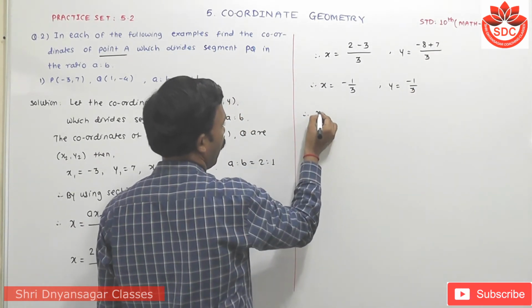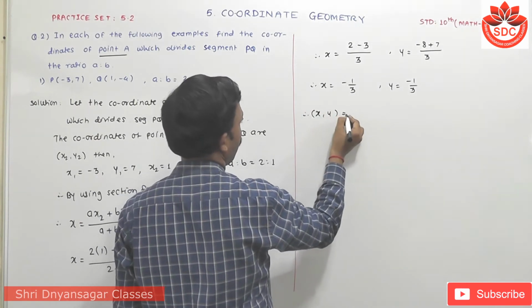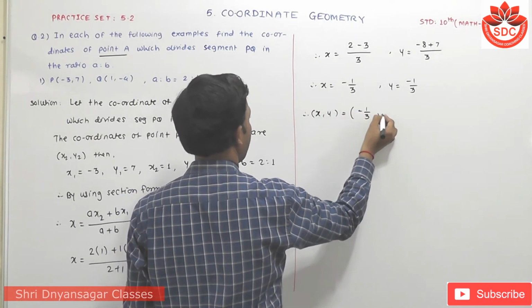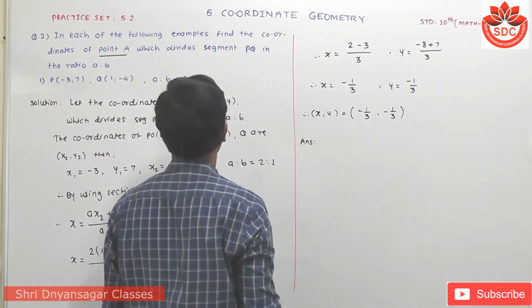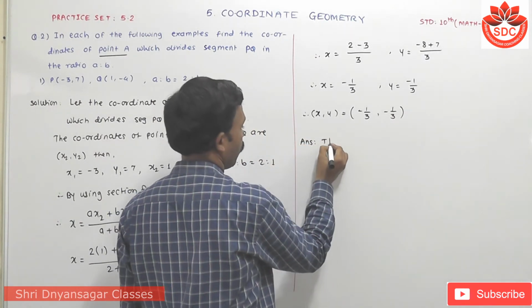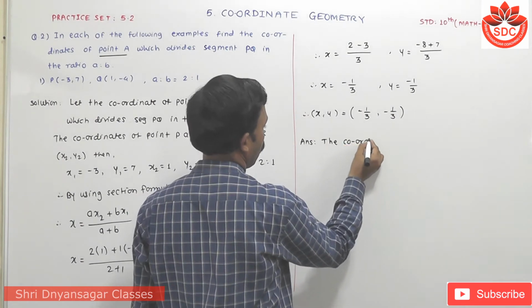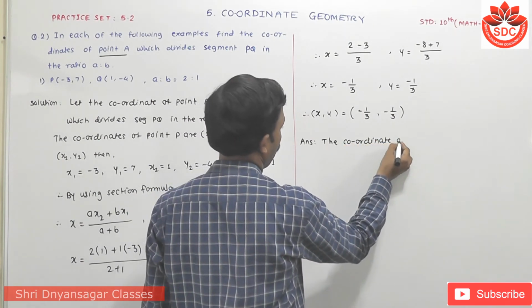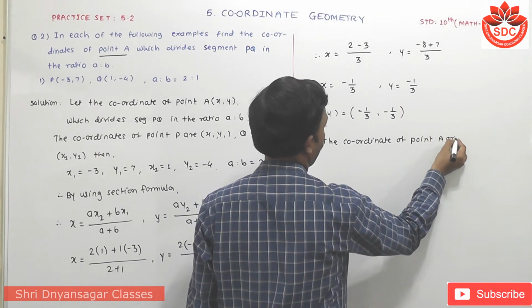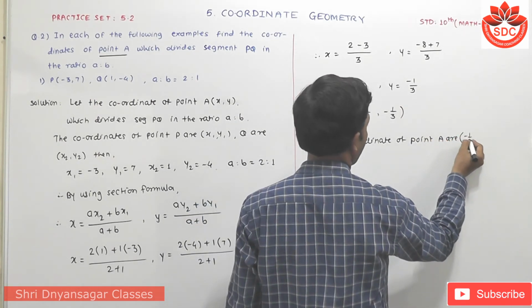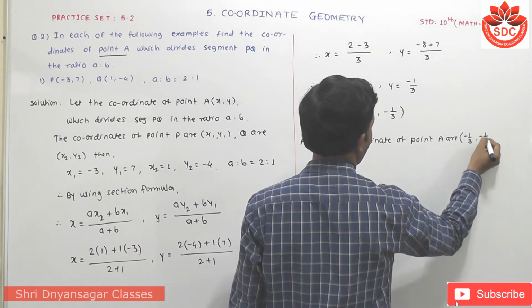Therefore x comma y has coordinates -1 upon 3 and -1 upon 3. The answer in a full sentence: therefore the coordinates of point A are (-1 upon 3, -1 upon 3).